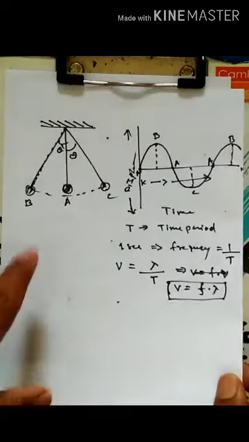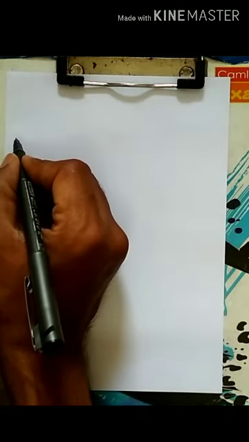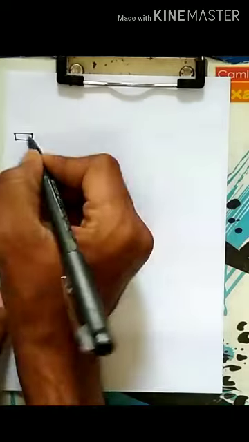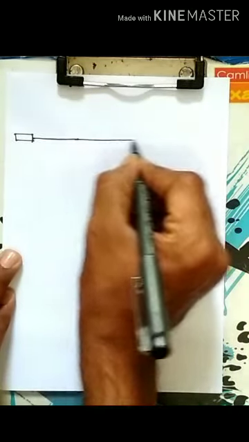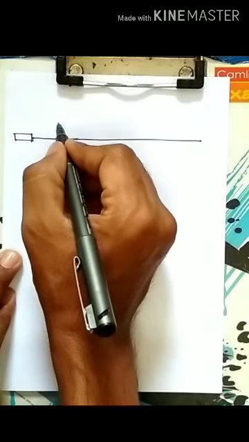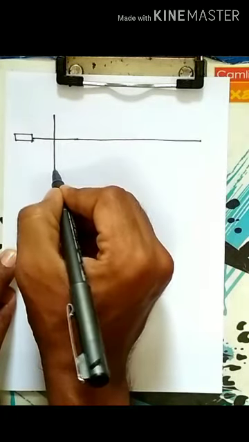So let us take an example of how it is applicable for laser. So let us take an example of a light source. Suppose this is a laser light source or any light source, and the light which goes like this is supposed to be sinusoidal light.